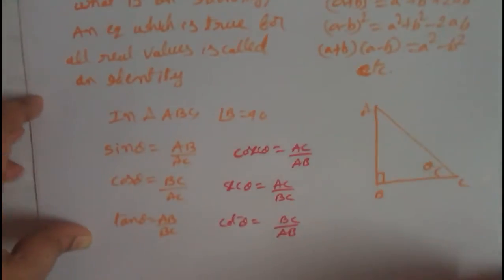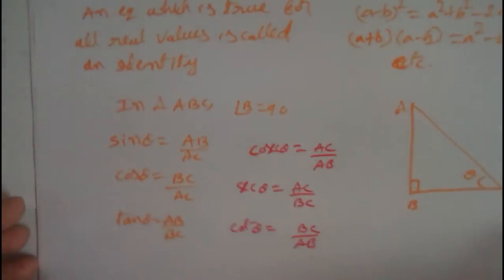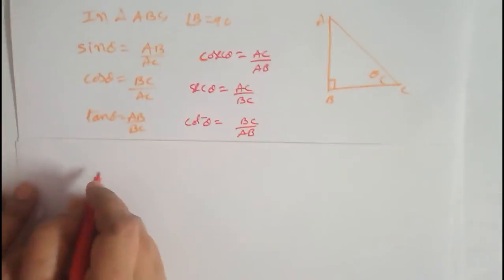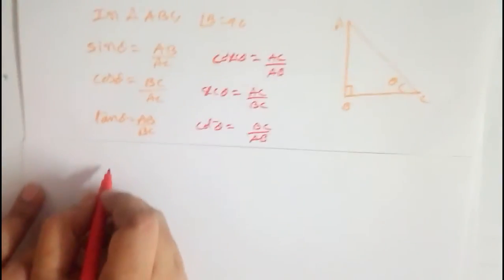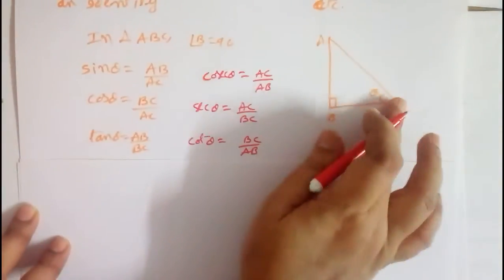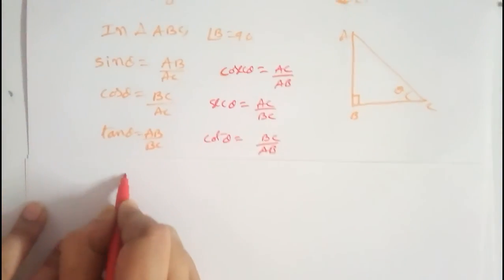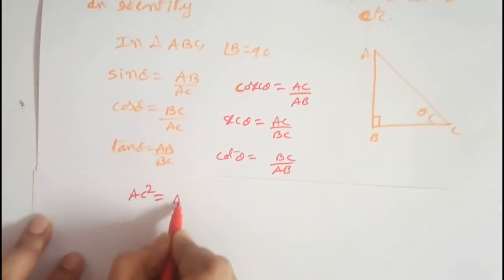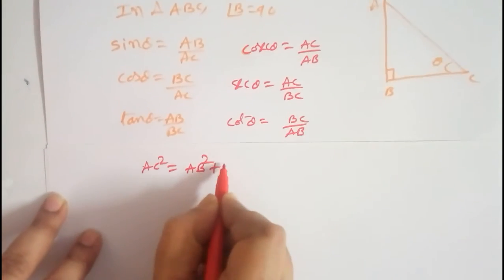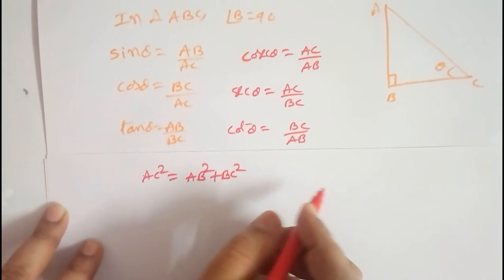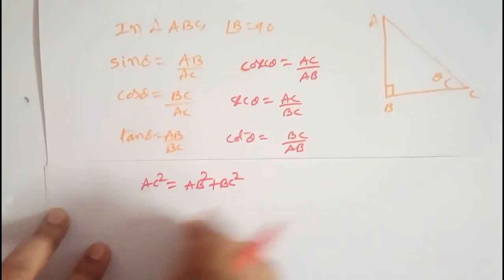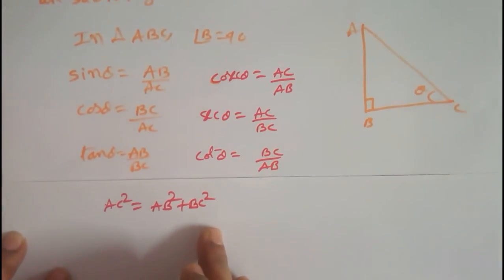Now apply the Pythagoras theorem in this triangle. What is the hypotenuse AC? AC square is equal to AB square plus BC square. Now divide throughout the equation with AC square.